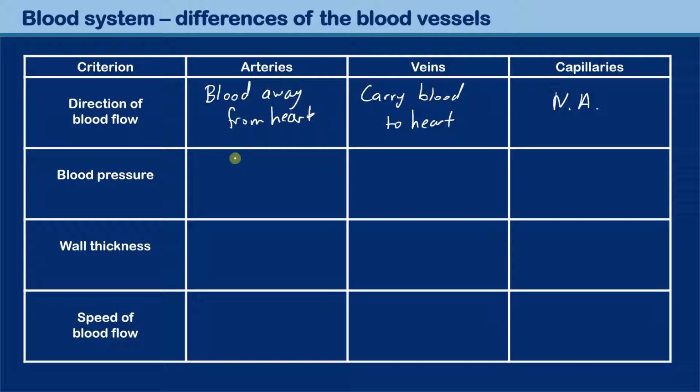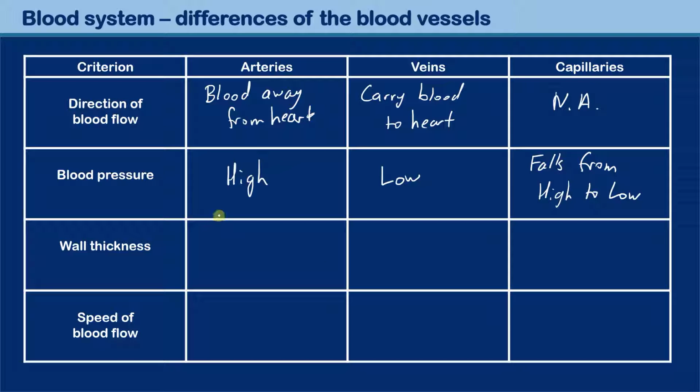What about the blood pressure? The blood pressure in arteries is high. The blood pressure in veins is low. And at the capillaries, the blood pressure falls from high to low. This is the reason actually why in a vein we have a low blood pressure, because of so many thin capillaries the blood pressure drops.